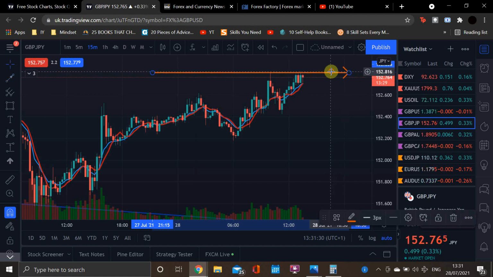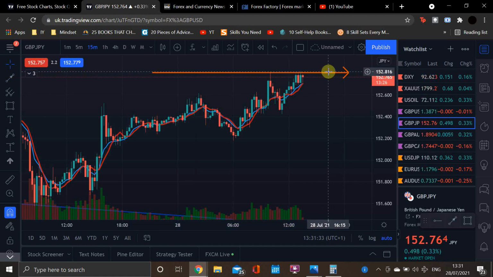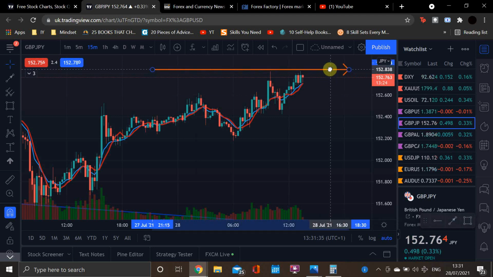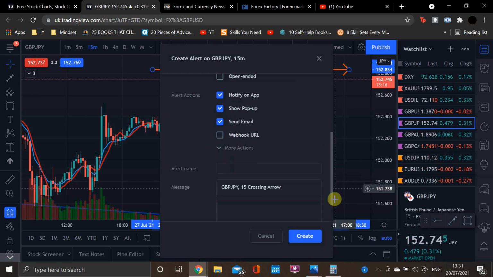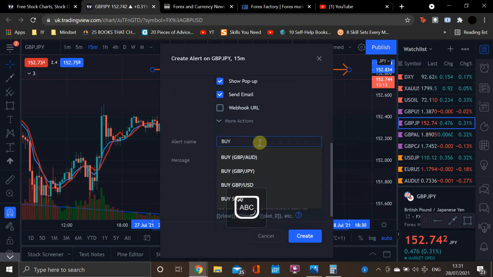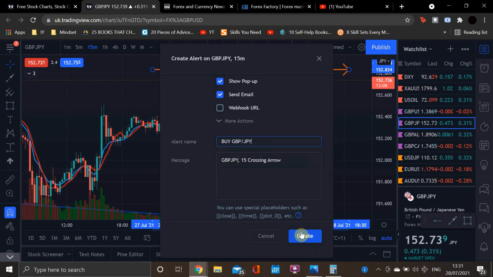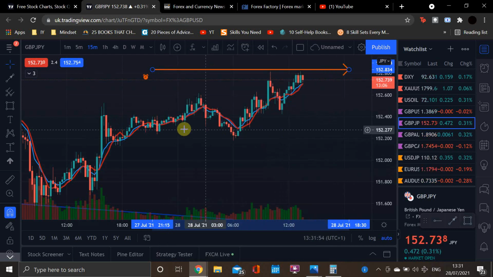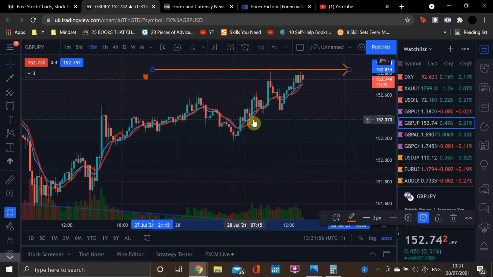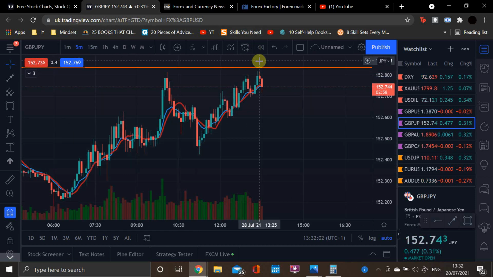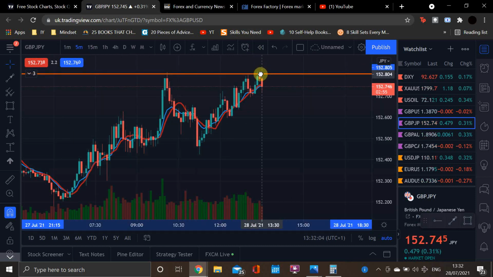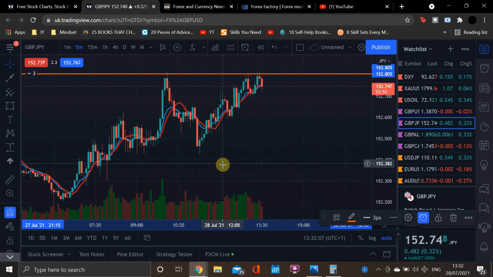So what I'm gonna do, I'm gonna set an alert. Once per bar close, that's fair. Buy GBP JPY, and then I'll ride it to the trend line. Sorry, I'll ride it to wherever. Doesn't look too high.